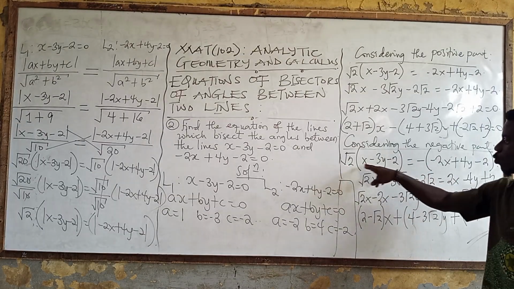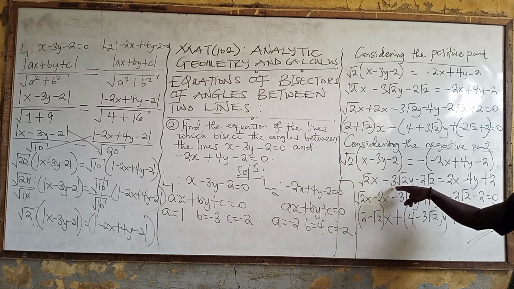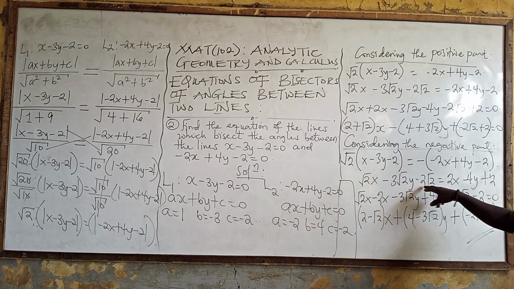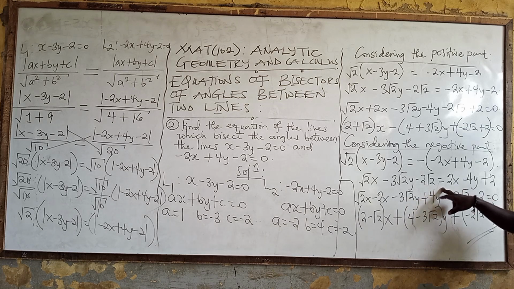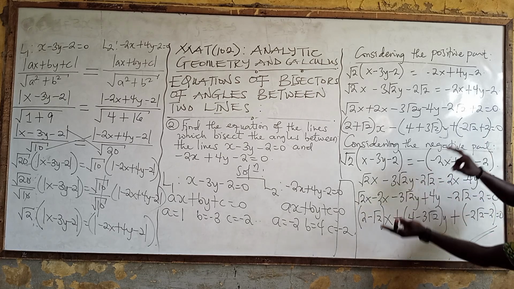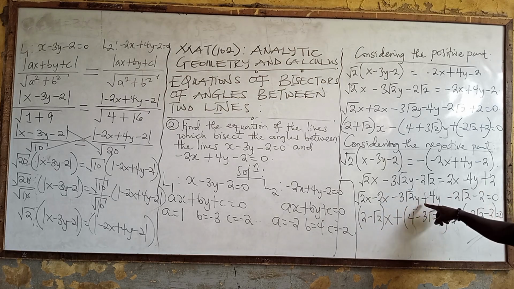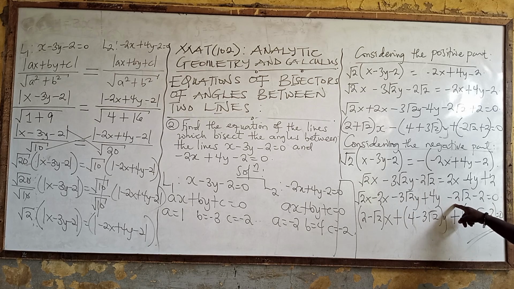So root 2 times x, we get root 2x, minus 3 root 2y, minus 2 root 2 equals negative times negative 2x, we get 2x, negative 4y, and plus 2. So we group like terms, we send all these terms to the left hand side. So root 2x minus 2x minus 3 root 2y and plus 4y minus 2 root 2, then minus 2 equals 0.